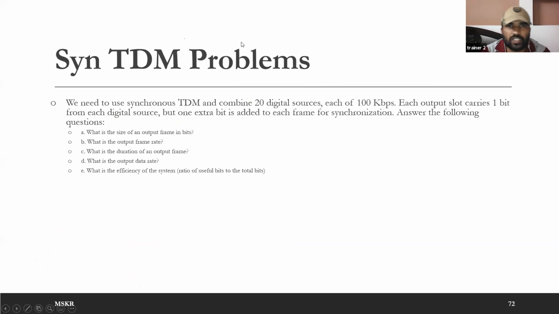So look at this question. We need a synchronous TDM that combines 20 digital sources. So the number of users is equal to 20 and the data rate of each user is 100 kbps.